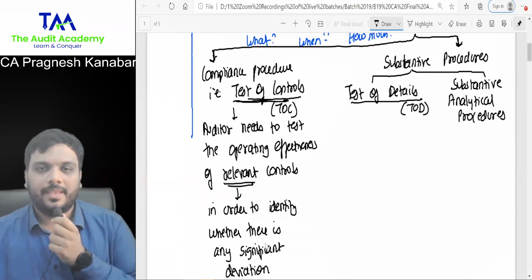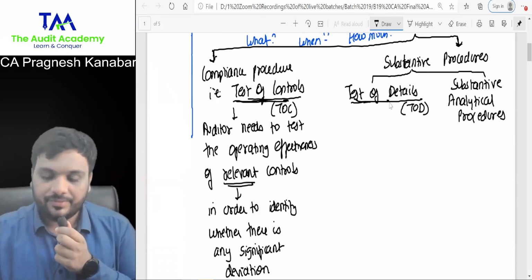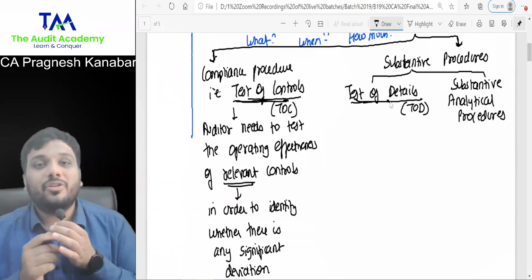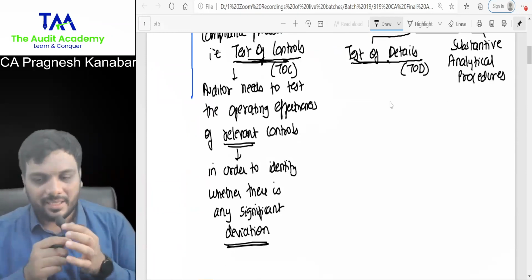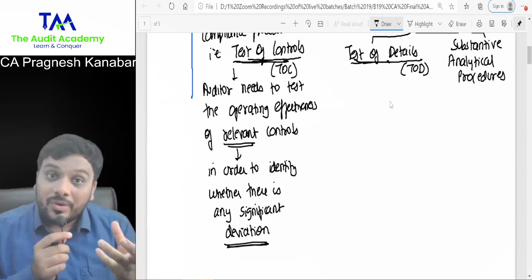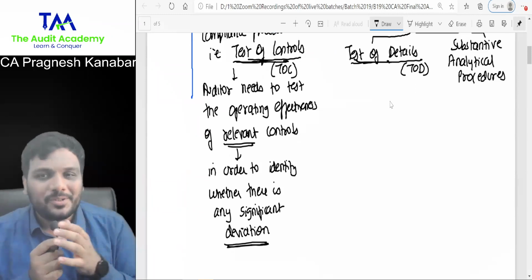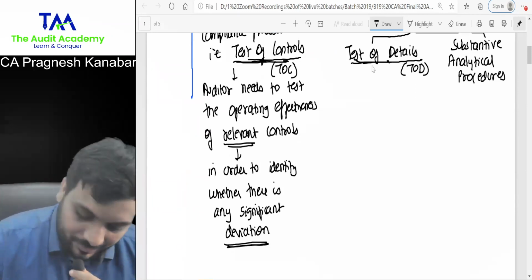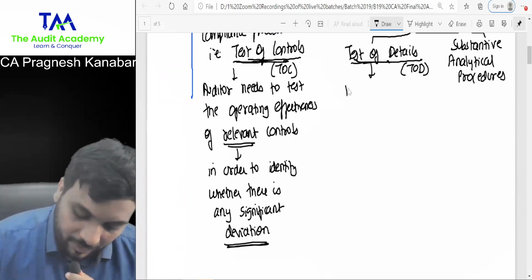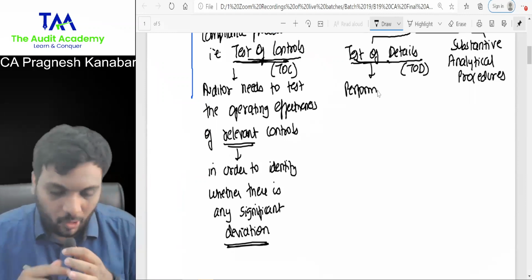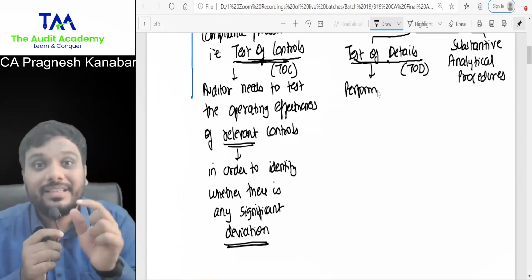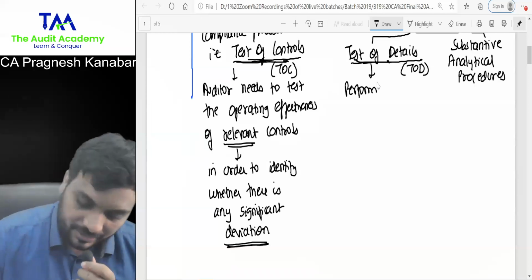Okay. Test of details. When I'm going for test of details, I will see the amount, the accounting, the presentation, disclosure, correct? So I'm going to perform that document examination, that verification, that is technically called vouching and verification.